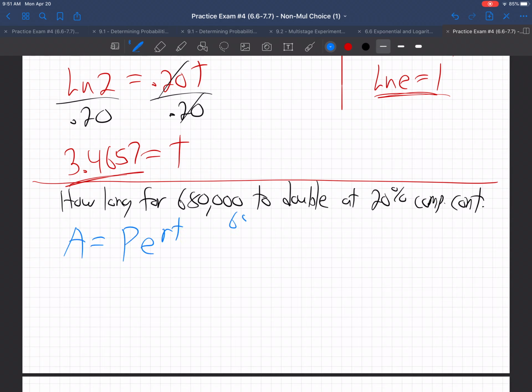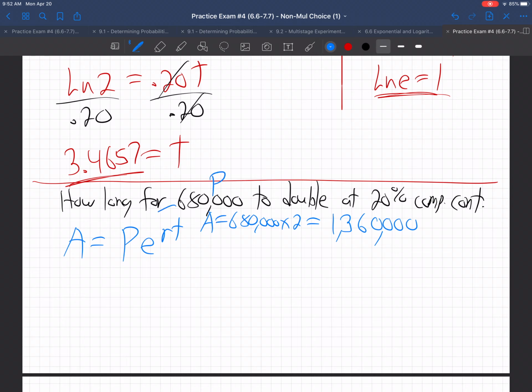And double, what is 680,000 times 2? It's going to be a lot. It's going to be 1, 3, 6, and 4 zeros. So what is that? So $1,360,000. So that's the amount. The amount is double.